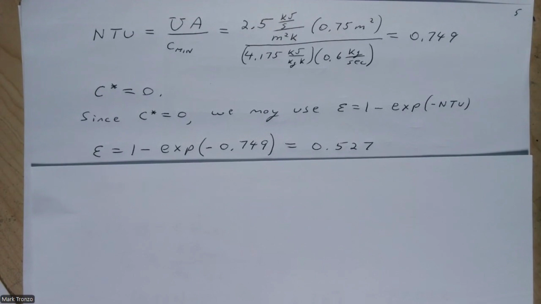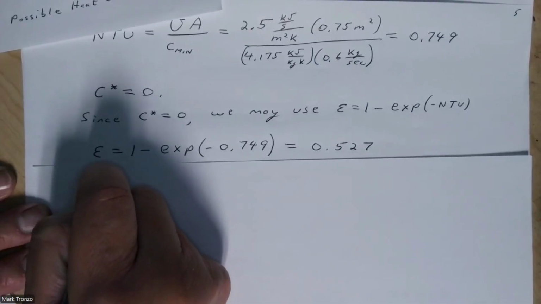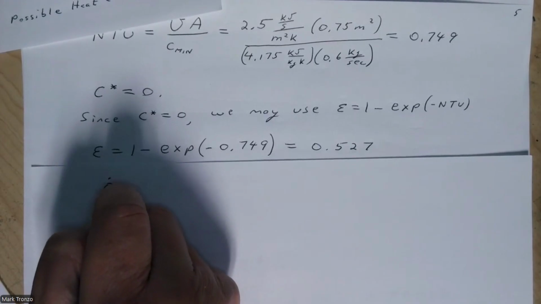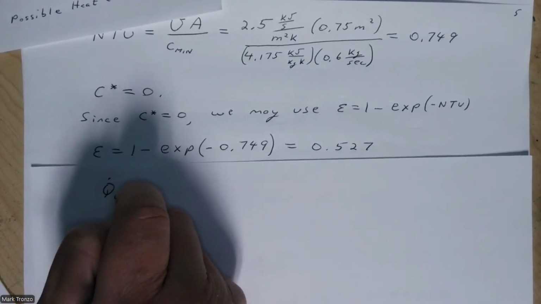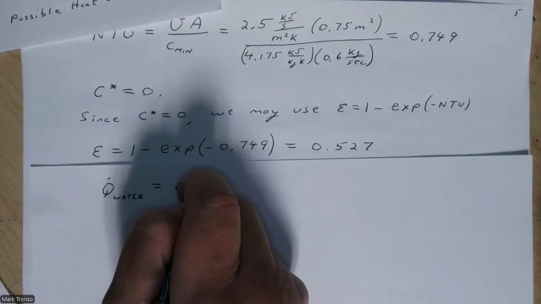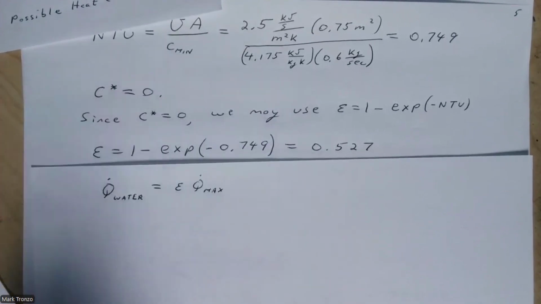And actually, right here, I could also calculate the actual heat transfer rate. Because we found our Q max was 280.6. So the actual heat transfer rate to the water, again, we said that was going to be epsilon times Q dot max.